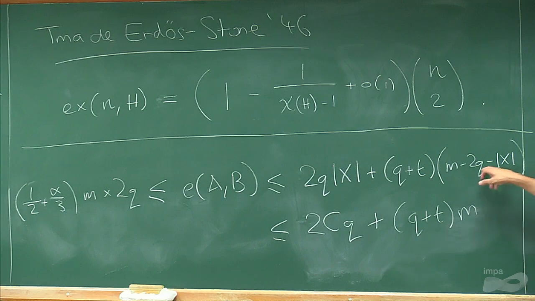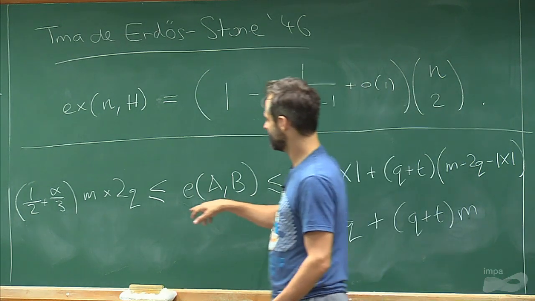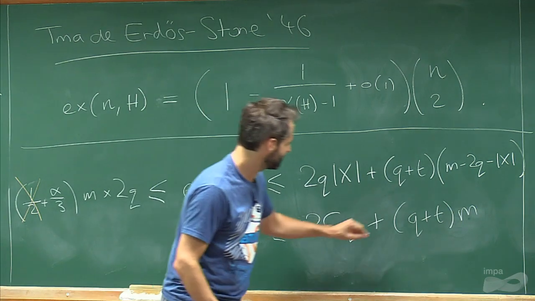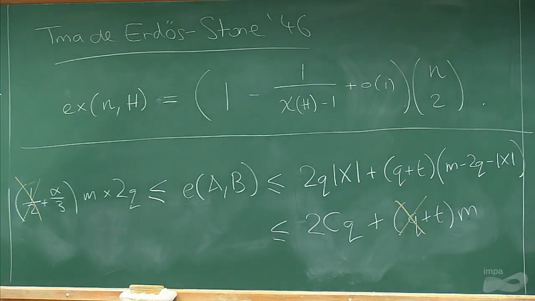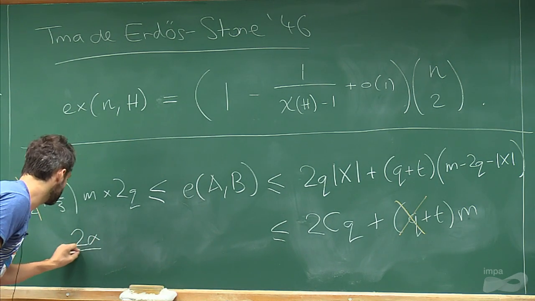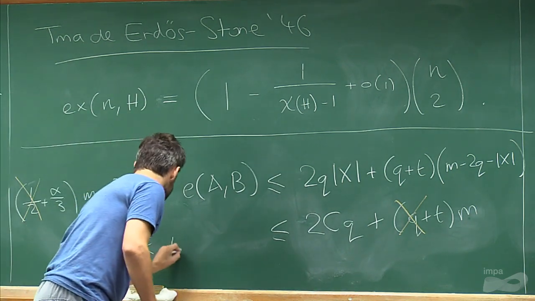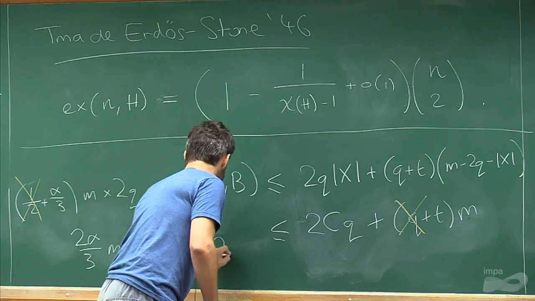Let's just ignore the fact that we gained a bit here. So there's a q times m and a half times m times 2q, so they cancel each other. What I'm left with is 2 alpha over 3 times m times q is at most t times m plus 2cq.